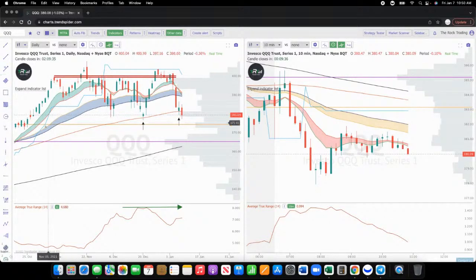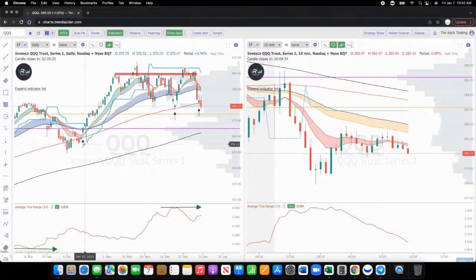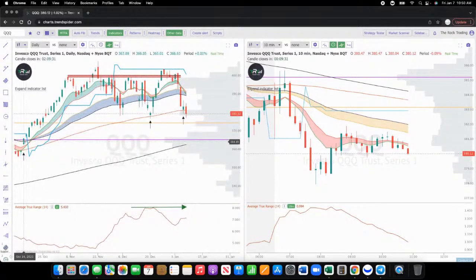Let's say you entered QQQ back on October 14th and bought shares, or maybe long calls. This average true range, whatever it is, is multiplied by 3, and it places a line below the price to tell you when you should be exiting your calls, when you should be taking profit.